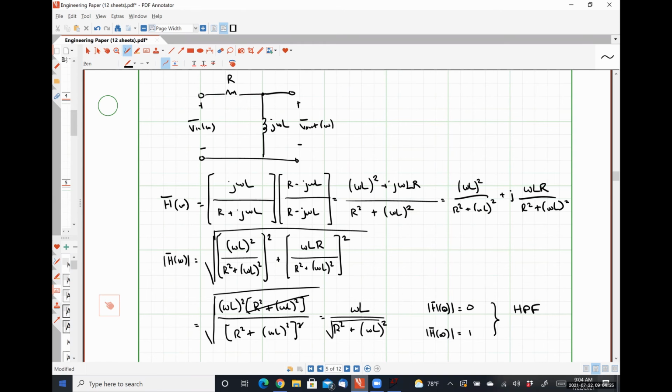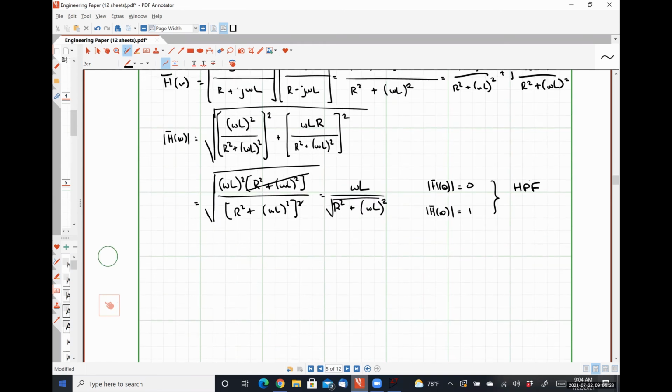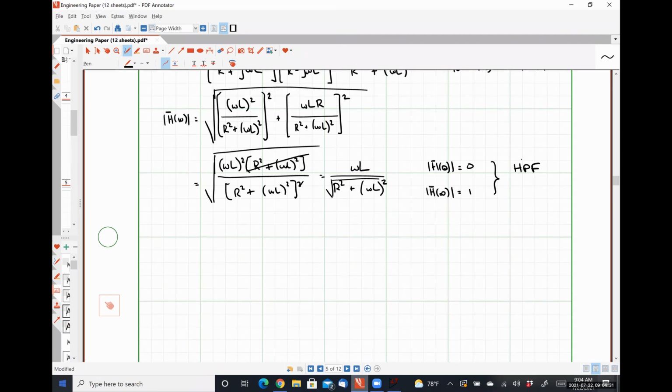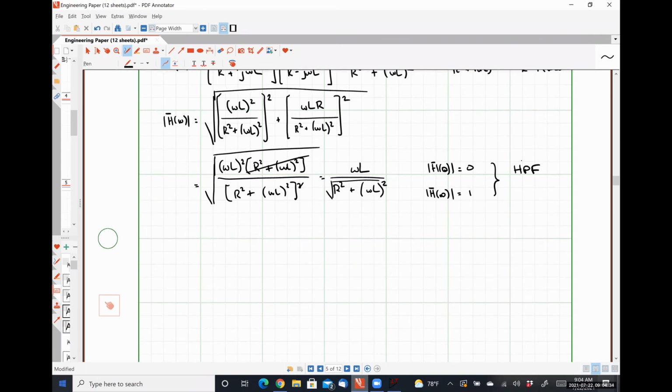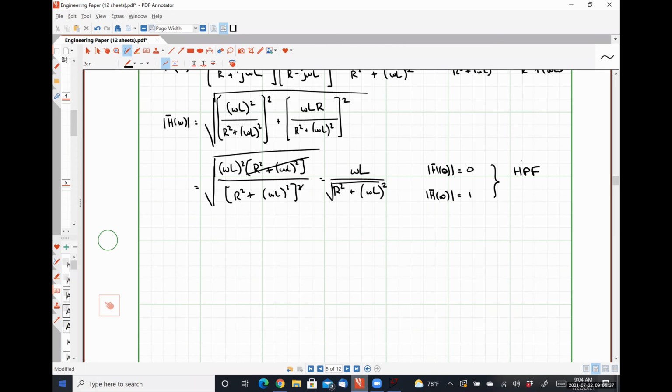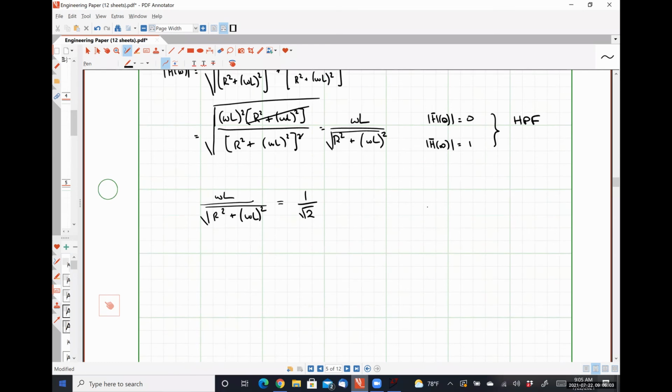All right, so to determine our corner frequency, we need omega L over the square root of R squared plus omega L squared to be equal to 1 over root 2.